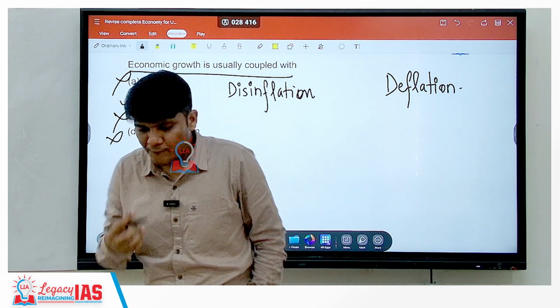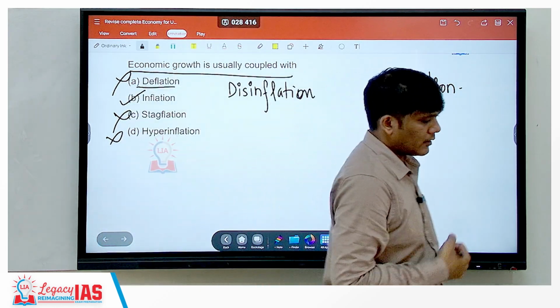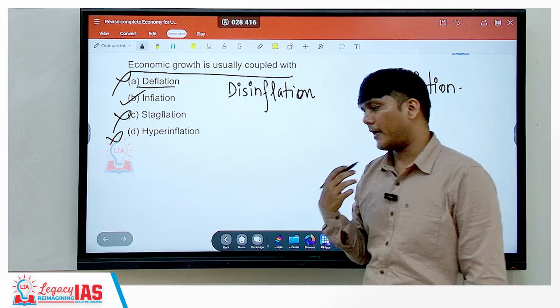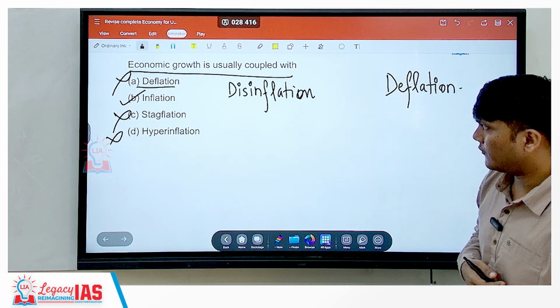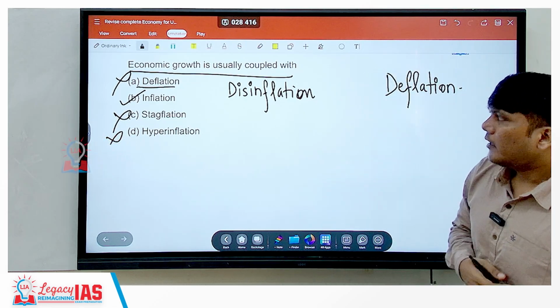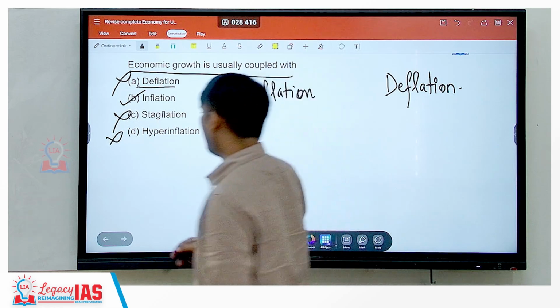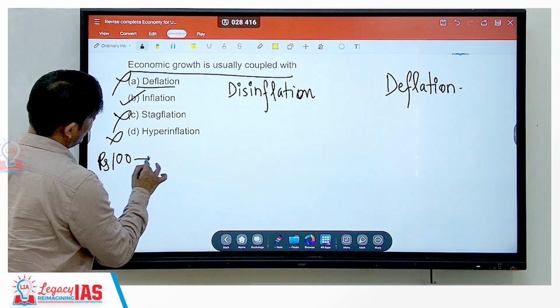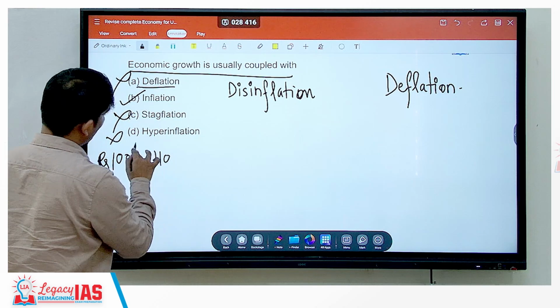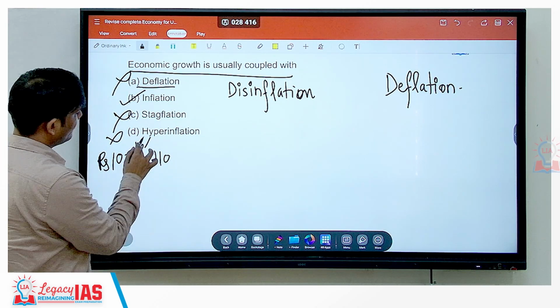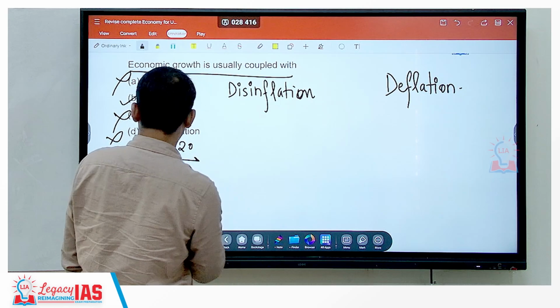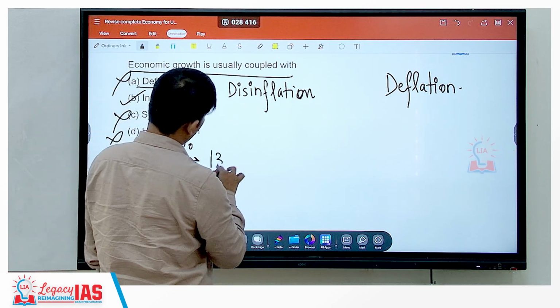Okay, so inflation is what? The general sustained increase in the prices of a basket of goods and services. Now, let's say a thing costs rupees 100, there is an inflation of 10%, so now it costs rupees 110. Now there is an inflation of 20%, so now it costs 132.